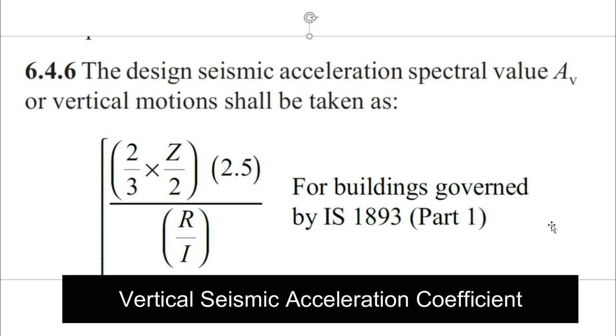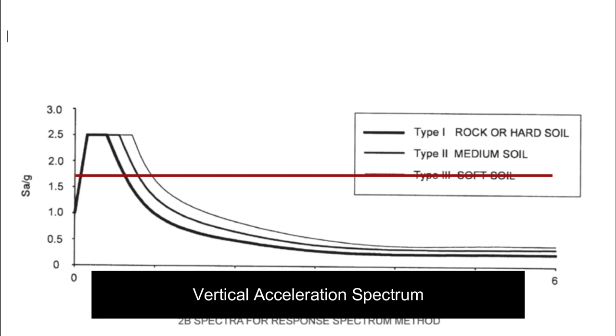This way the code has defined our design seismic vertical acceleration. If you look at this graph, this red line represents our spectrum for vertical acceleration. We have seen that it is 2 by 3 into 2.5, that is 1.67.